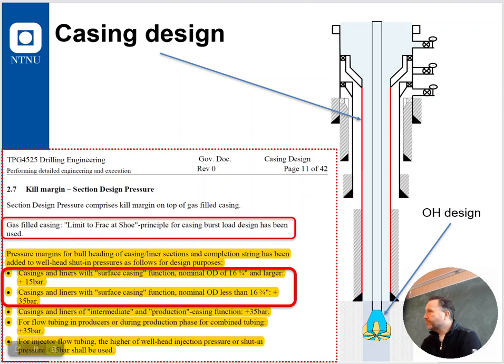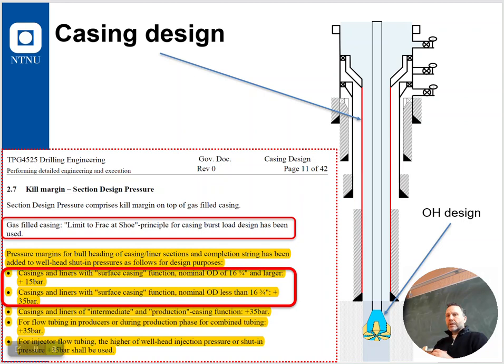The section design pressure would be... anyone can imagine what a section design pressure would be, if you are going to explain that. Yes, it's based upon the formation pressure, the formation pressure from the open hole planned in that section.